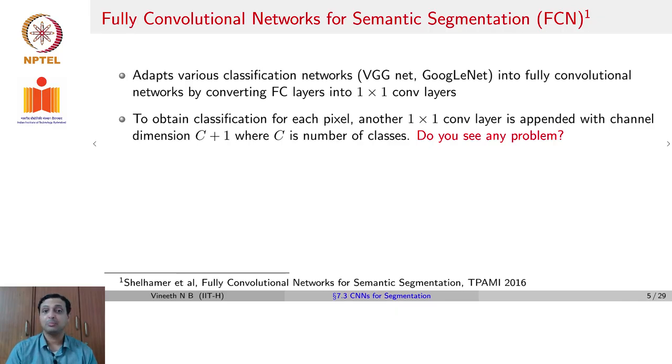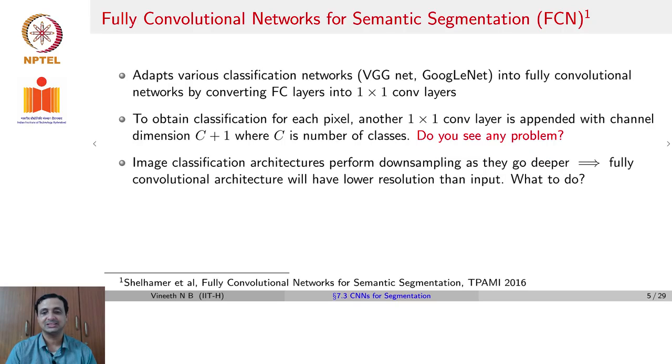There is a problem when you use convolutional layers, which is that all standard CNNs keep downsampling as you go further down the layers, be it through convolution or through pooling, which means your output feature maps are not going to be the same size as your input.